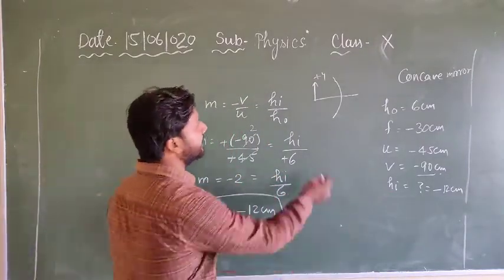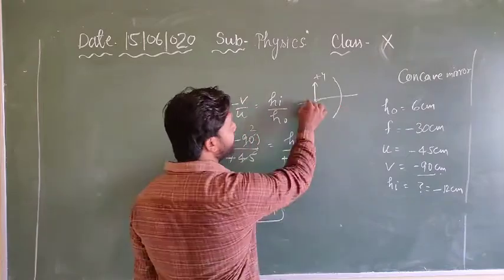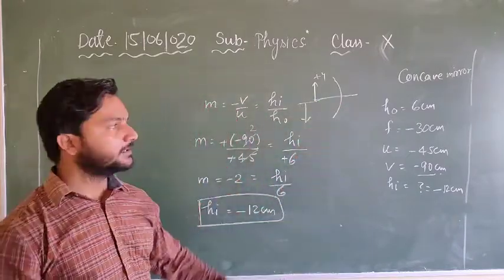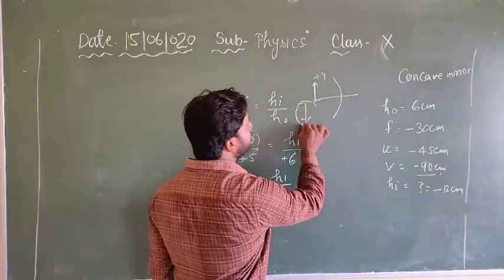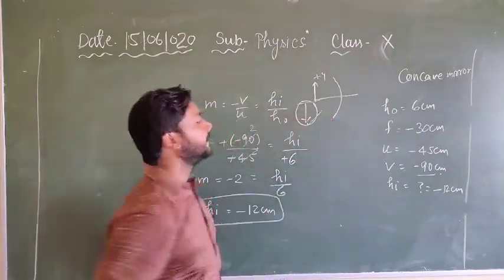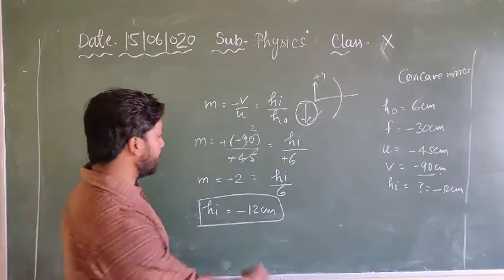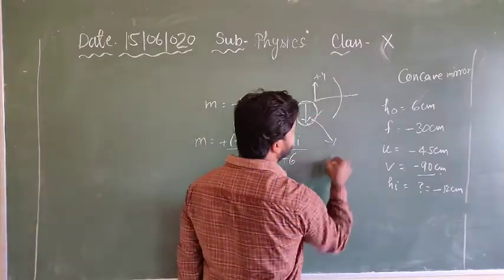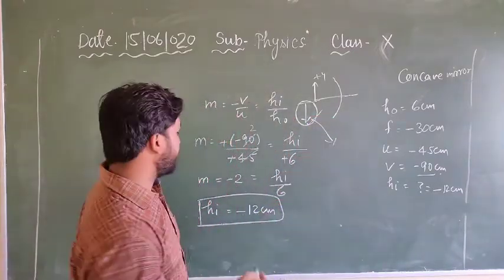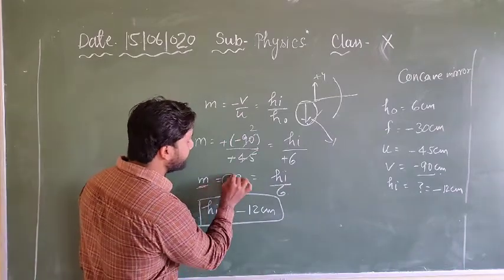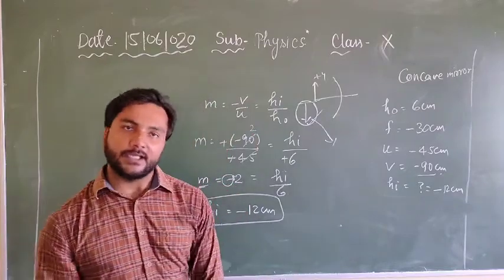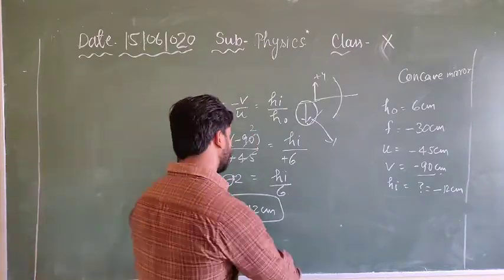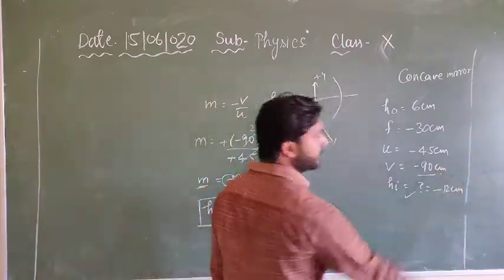This indicates that the image formed is inverted, means in the negative y direction. And this negative sign in magnification also indicates that the image formed is real and inverted. Okay, so these are the things we had to find.